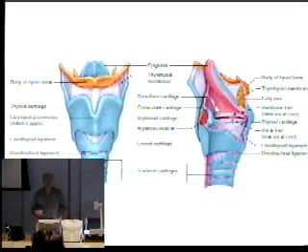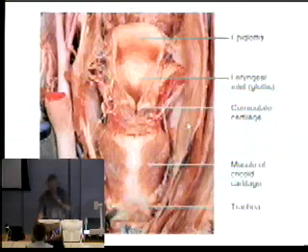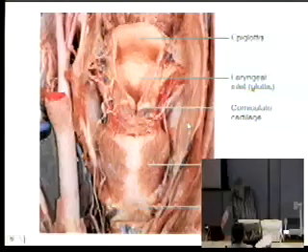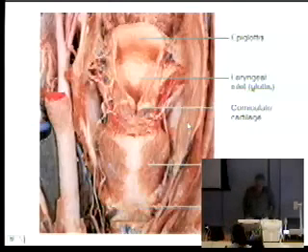So a lot of cartilage, a lot of musculature, a lot of mucosa, epithelium and glands, a very complex structure in this area. So here now we see the actual cadaveric specimen. Can anybody tell me if this is a posterior view or an anterior view?